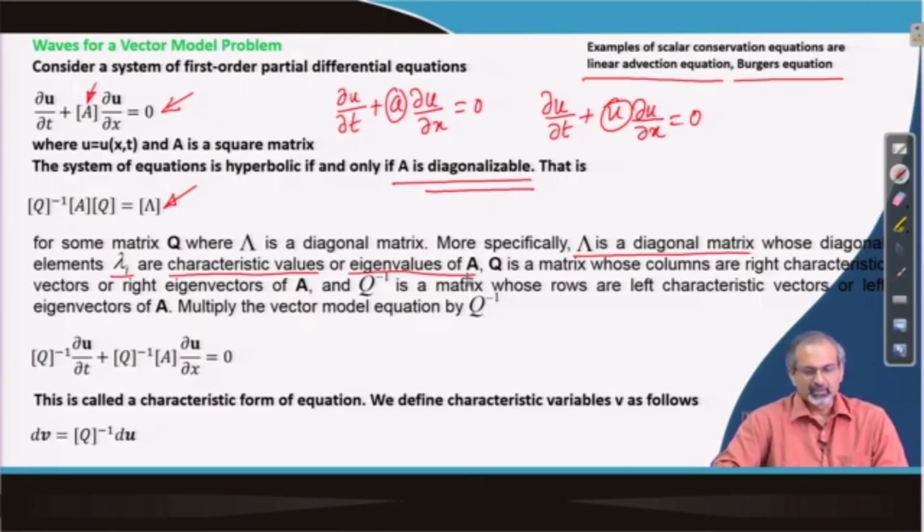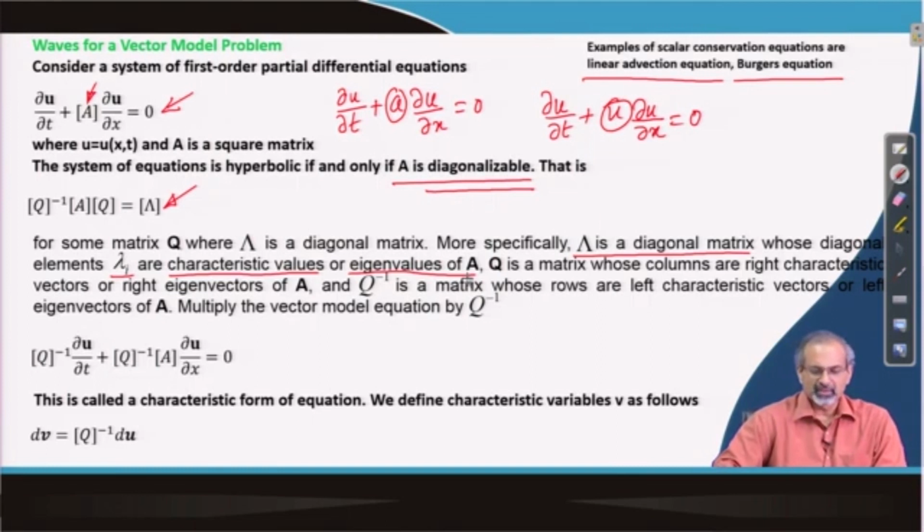So, we now find that these eigenvalues of A are available directly in the diagonal matrix capital lambda, and all these diagonal elements can be represented by the small lambdas, in general represented as small lambda i.